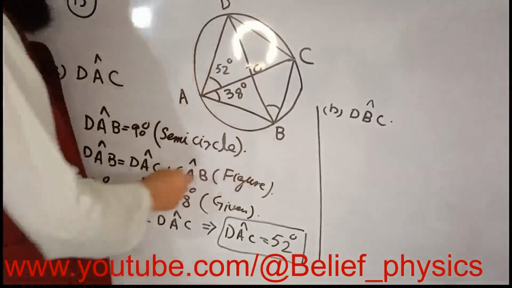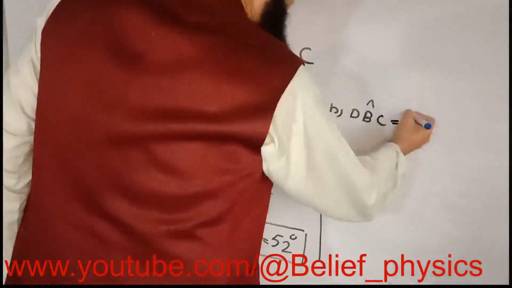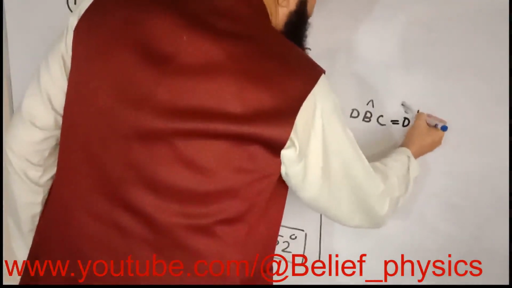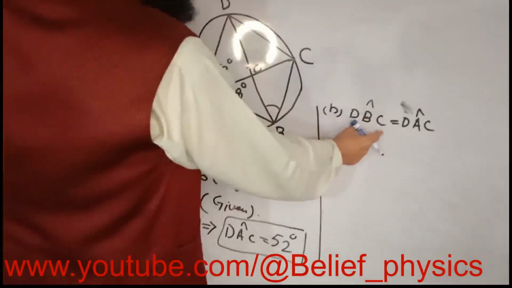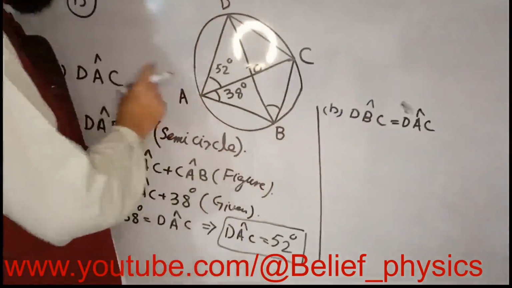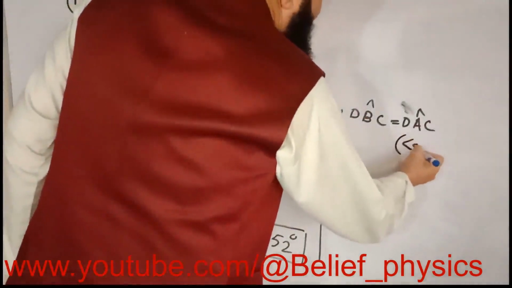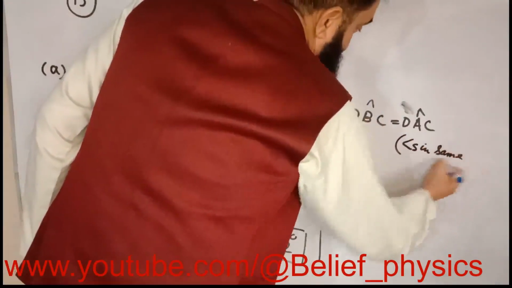So this will also be equal to DAC. This is the angle subtended by DC at A, and this is the angle subtended by DC at B. Both are in the same segment by the same arc. So we get, the reason is angle in the same segment.